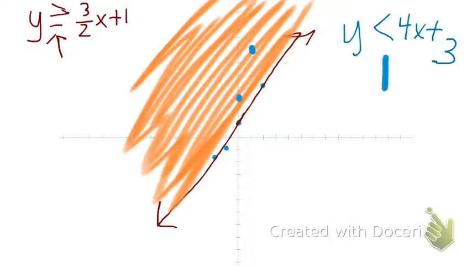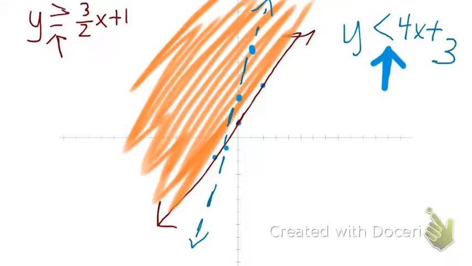What kind of line am I going to have based on that? It is going to be a dashed line. It does not equal. So if we dash this line, hopefully you can see that, and hopefully you'll see how easily these things are to start getting mixed up.